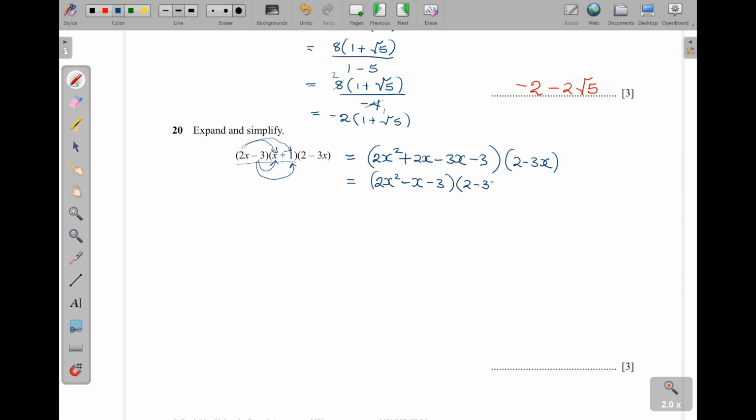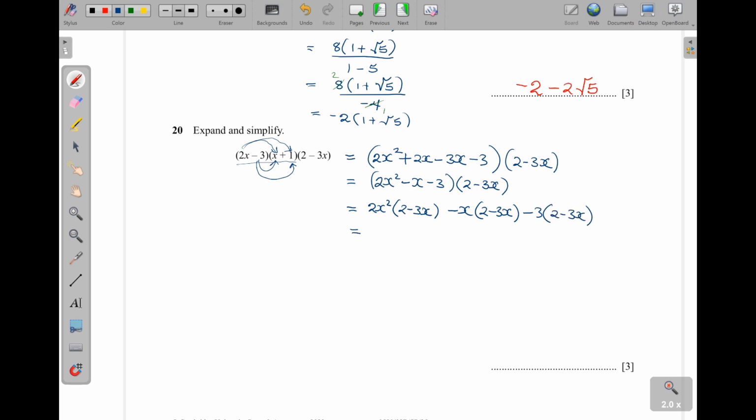Now, whatever is in this bracket must multiply with whatever is here. In fact, let me just expand it this way. 2x squared must multiply with 2 minus 3x. Then there is a minus x here. We'll also multiply with the 2 minus 3x here. And then also we have a minus 3 that has to multiply with the 2 minus 3x here.